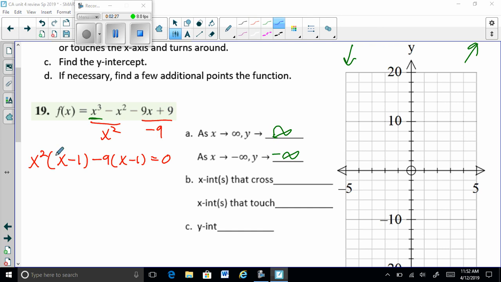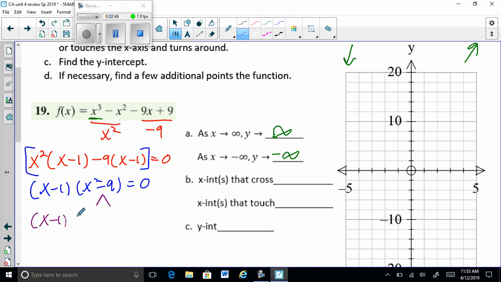So now we can factor out that x minus 1. We get x minus 1, and then x squared minus 9 equals 0. And we have the difference of two squares right there, so we can go ahead and factor that into x plus 3, x minus 3.